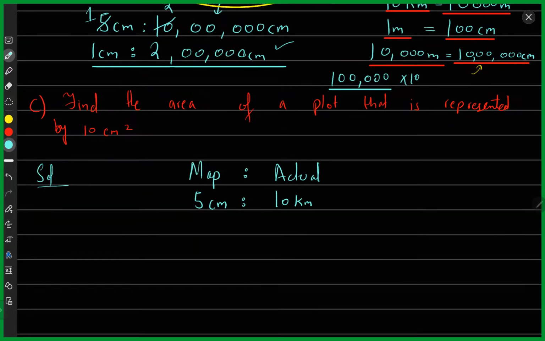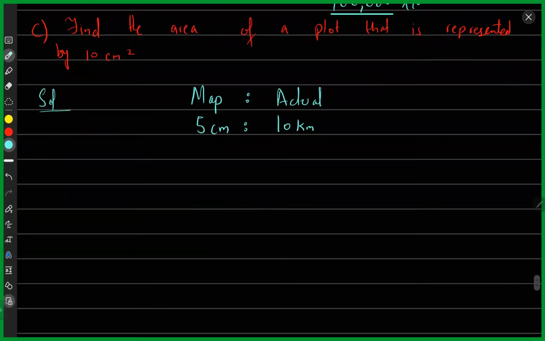The third part says: find the area of a plot that is represented by 10 centimeters square on the map. This thing is on the map. So do you think I can write down 10 centimeters square here and X, and cross multiply? I can certainly not do it for this one.